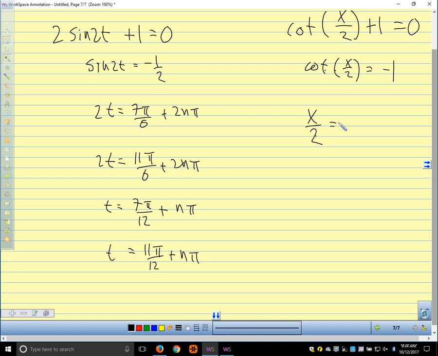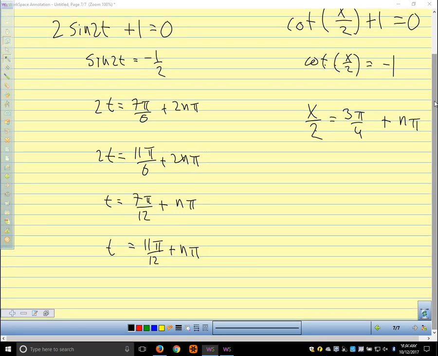Three pi over 4, and plus an n pi, because the period of cotangent is pi. And what's another one where the sine and cosine are the same value but opposite signs? 7 pi over 4, plus n pi.